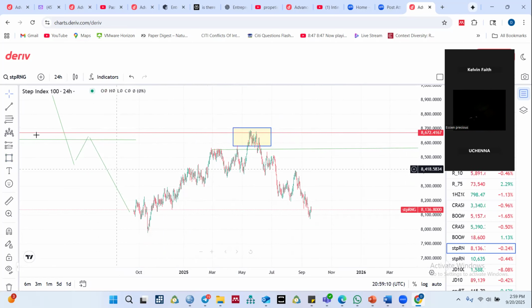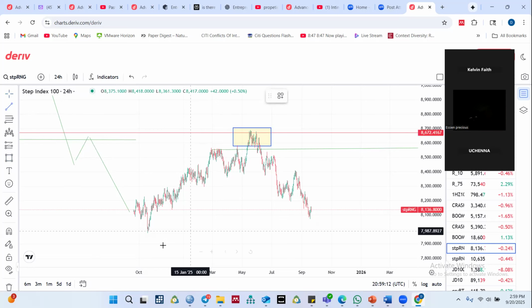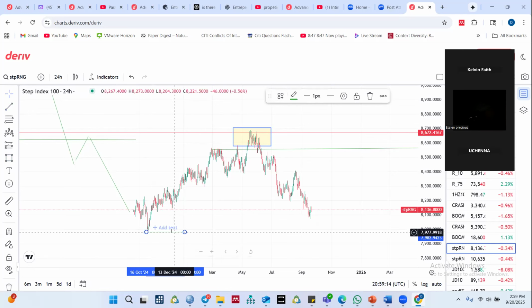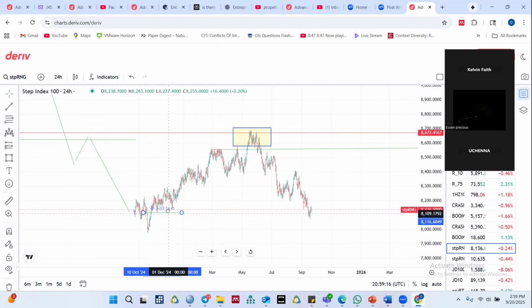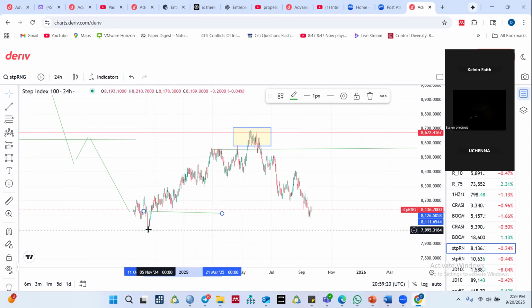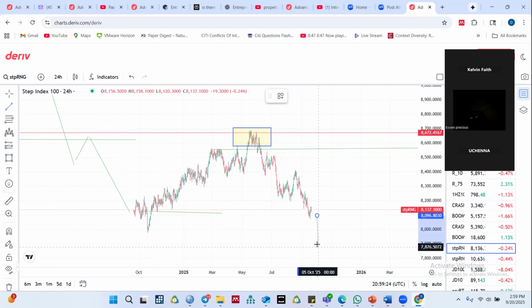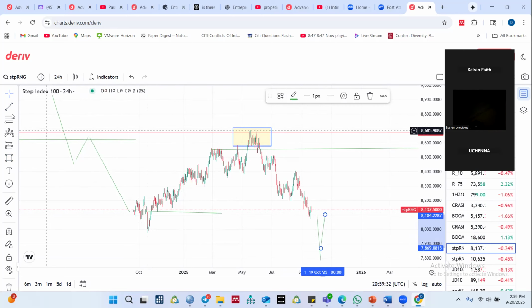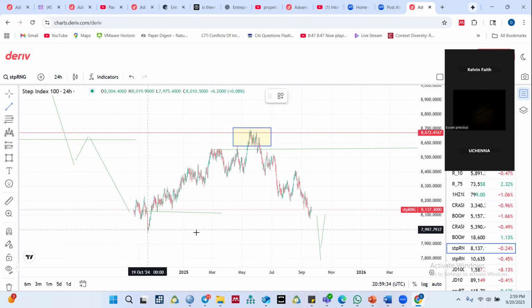It will always want to sweep, because a lot of people might have framed a buy here, a buy here, and their stop losses will be below here. So it might want to drop down to sweep all of them and then reverse back into the range.